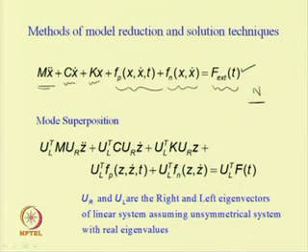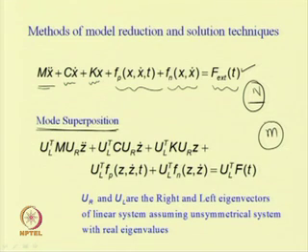Now using the mode superposition method, which is the simplest one, one can reduce the size of this equation to order m, where m is much less than n, by using the right and left eigenvectors of the linear system, taking m x double dot plus k x equal to 0 and A equal to m inverse k.